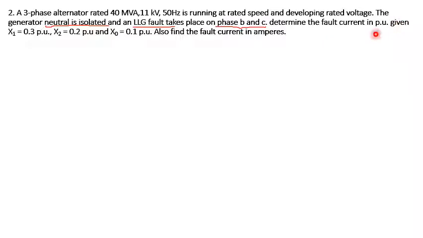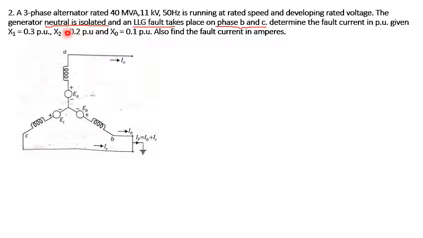Given the data, x1 is 0.3, x2 is 0.2, x0 is 0.1. Also find the fault current in amperes, so we need to calculate the absolute value as well. What kind of fault is it? Double line to ground fault. These are x1, x2 and x0, and the neutral is isolated. This is important.